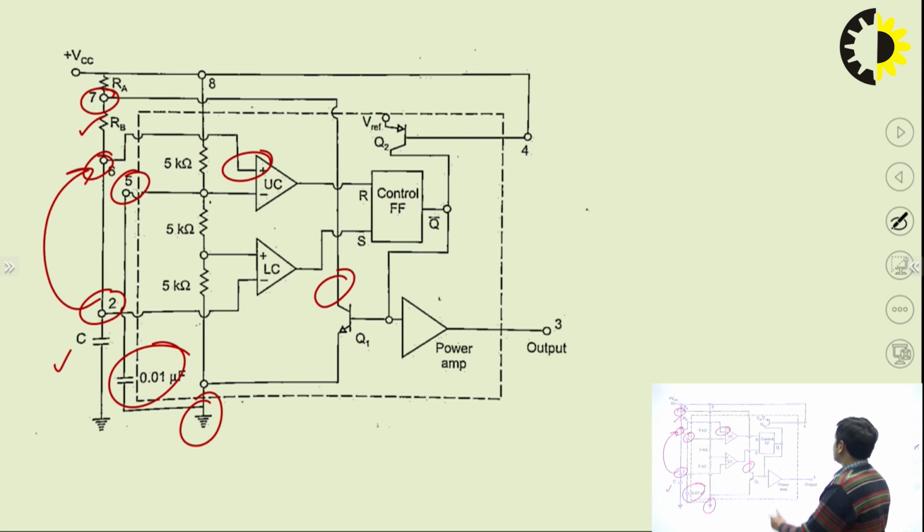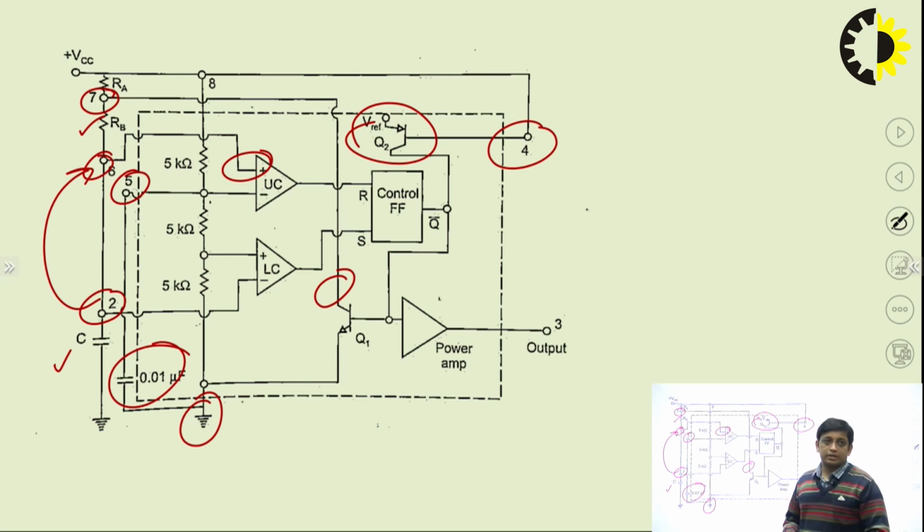Fine. And this pin number 4 is connected to the base of this Q2 transistor, that Q2 is the PNP transistor. Now see, in this circuit we have not applied any input signal, no trigger pulse, but it still generates output. Fine. So we need to understand how this circuit generates the output pulse.